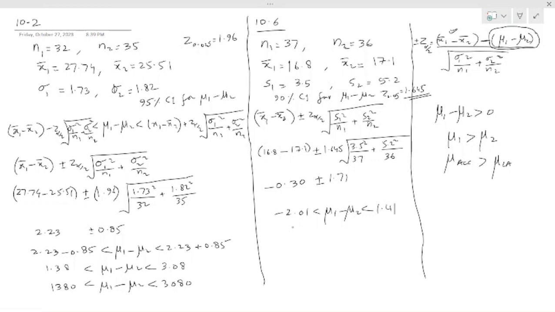We can interpret these two answers as we can be 90% confident that the difference between the mean weight loss of the two groups is exceeding 1.41 pounds but less than 2.01 pounds.